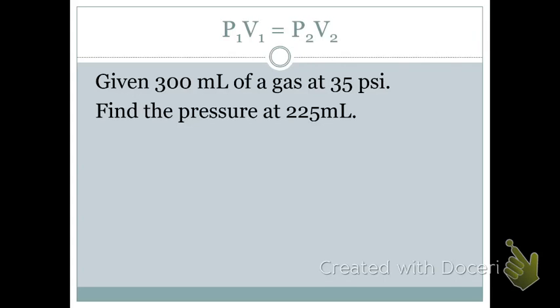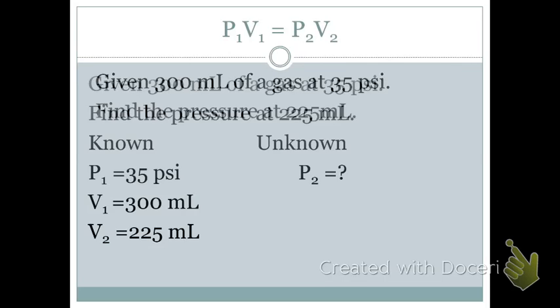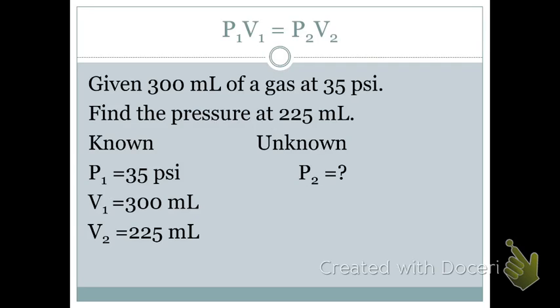Okay. So you have 300 milliliters of gas at 35 psi. We need to find the pressure at 225 milliliters. We know that we have P1 of 35 psi. V1 is 300 milliliters. V2 is 225 milliliters. We are solving for P2.